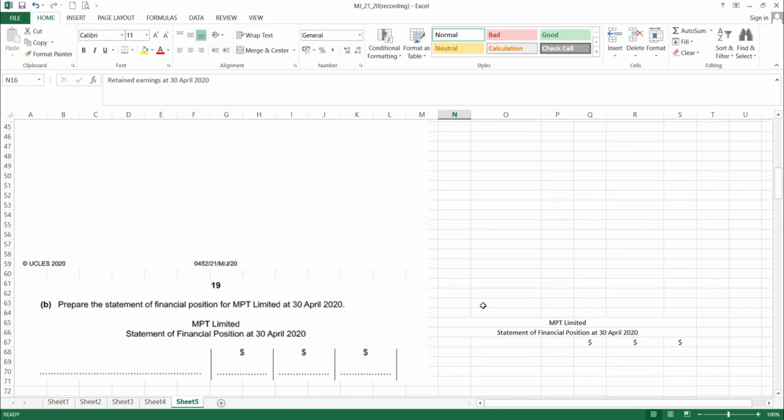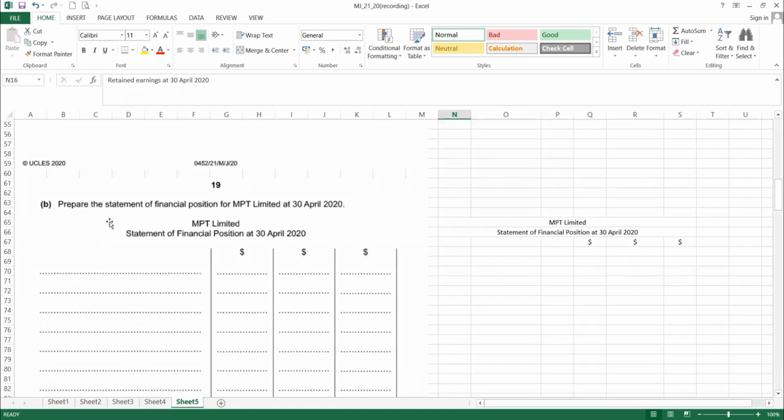So let's continue. They asked to prepare the statement of financial position. They give us 3 columns. See what are the items we have first. We put in the section non-current asset. This is the first section we normally have. And then current asset.